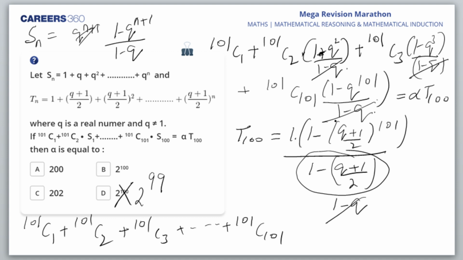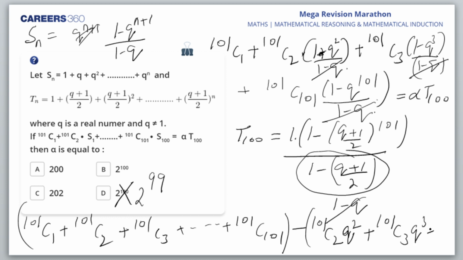And then the multiplication of Q I'll separate out, so it would be minus. The left hand side I am solving. So Q times 101C2 Q square, and then 101C3 Q cube. These terms would come. I hope this is okay.